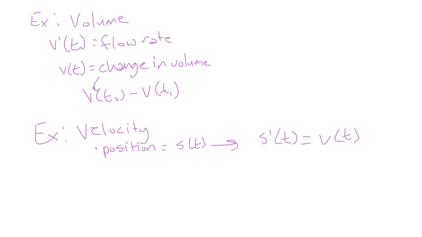So therefore, if we integrate our velocity function, then that is going to be equal to s of t2 minus s of t1. And that is equal to the displacement.